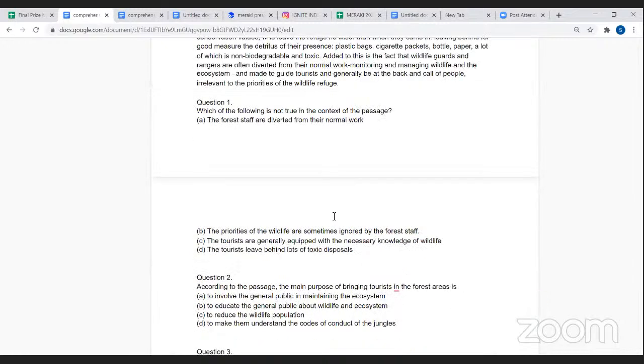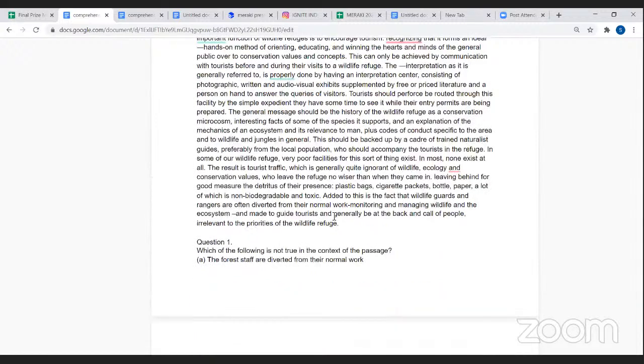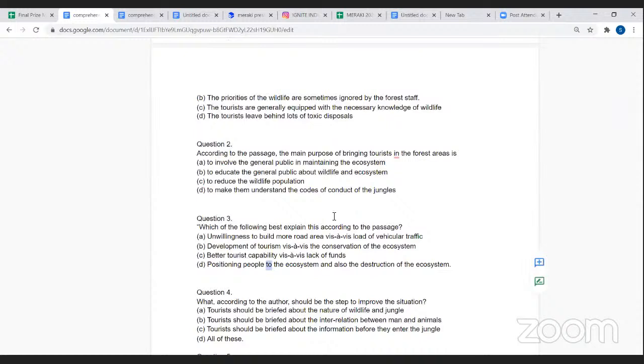That middle word, what does that mean? Vis-a-vis. It is when you place two things next to each other, you say vis-a-vis. As well as. It's basically French.